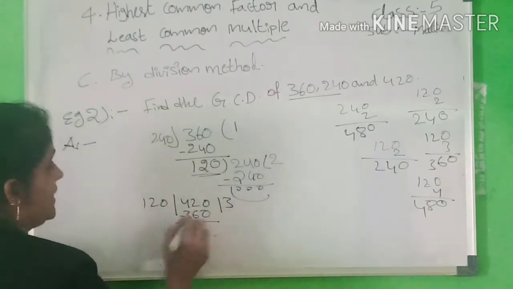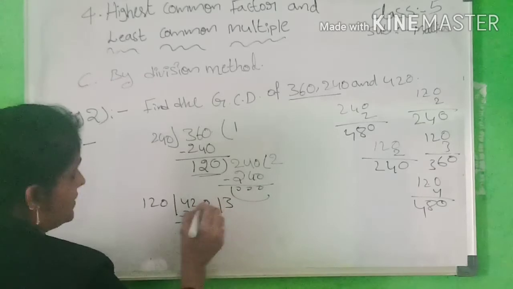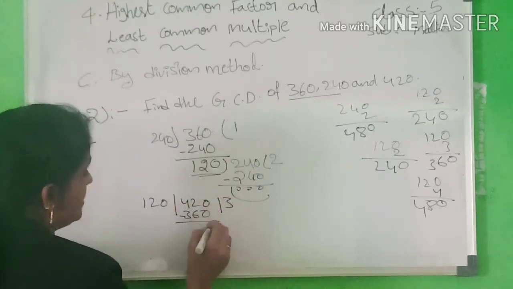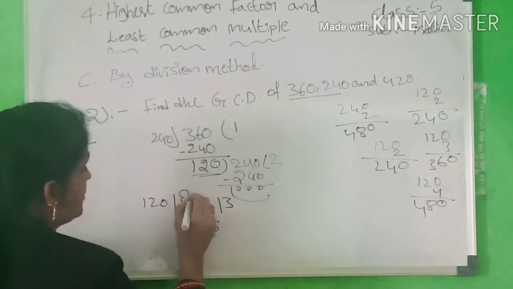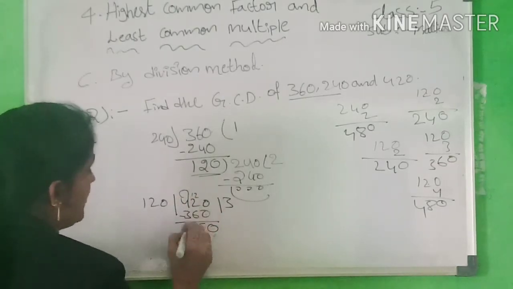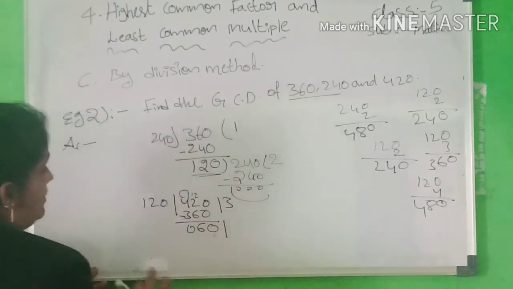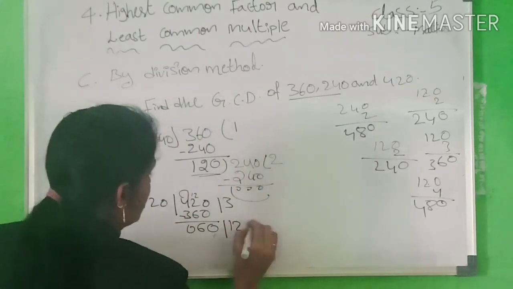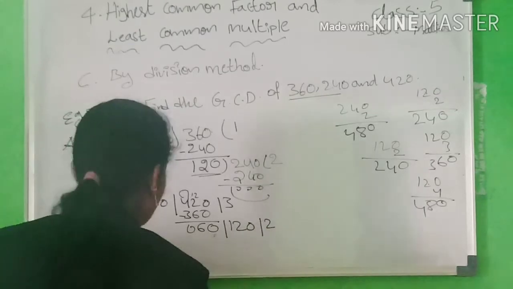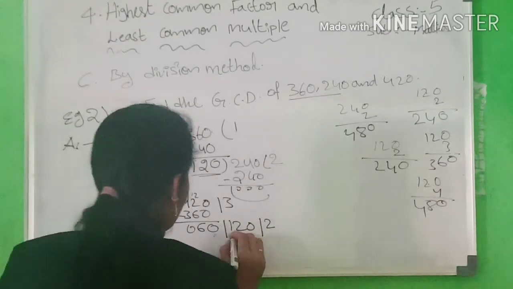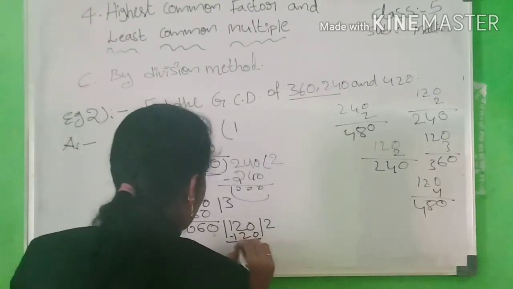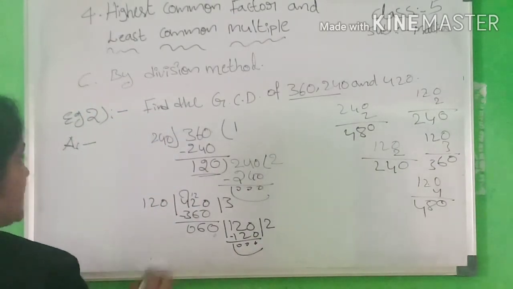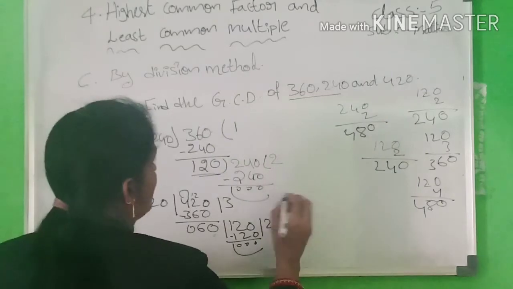Now subtract: 0 minus 0 is 0, 2 minus 6 is not going, so 12 minus 6 is 6. Now here 0. Now divide 120 by 60. 60 2s are 120. What is the HCF here?